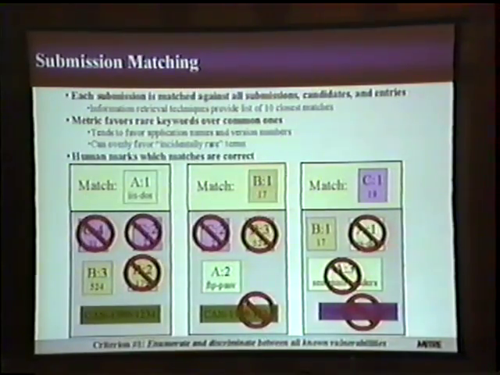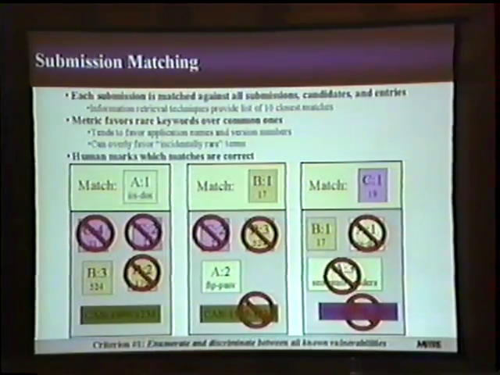So WUFTP, relatively speaking, is more rare than buffer overflow as a keyword. So this generally tends to cluster things based on application or in some cases version numbers. So we'll sometimes get false positives on version number just because you have vulnerabilities in completely different packages that happen to have the same version number.